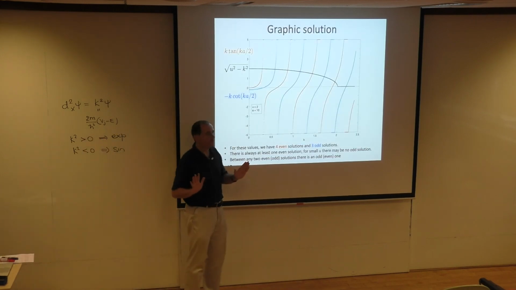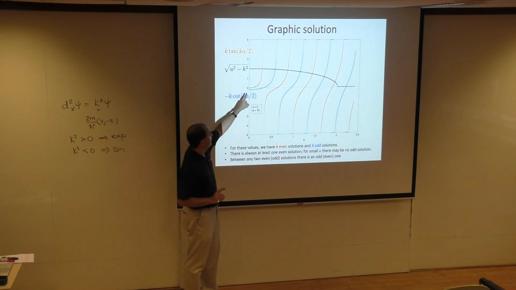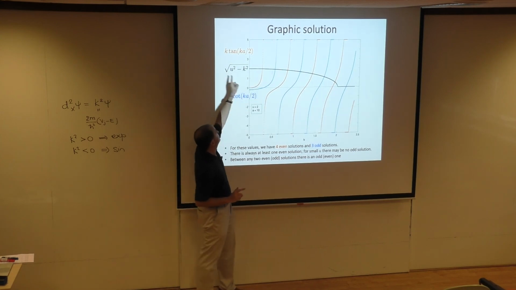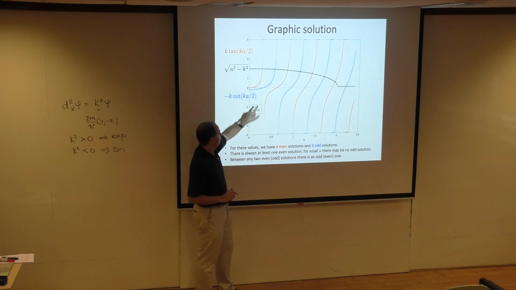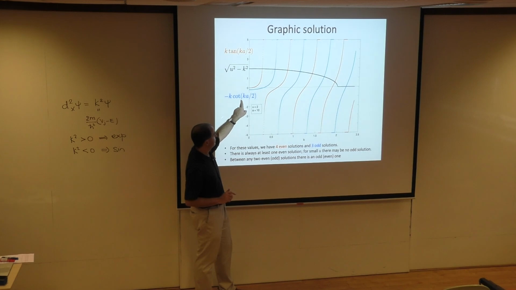Let's go peacefully through these. The curve in red is k tangent k a over 2. Remember, this was what appeared for the even solutions. The curve in blue is minus k cotangent k a over 2. That's what appeared for the odd solutions.